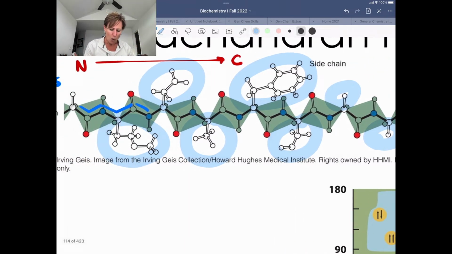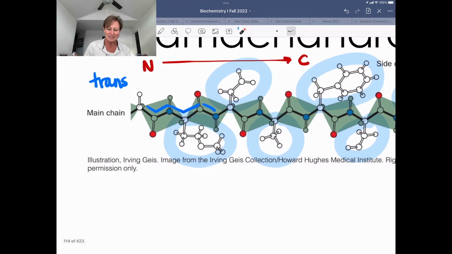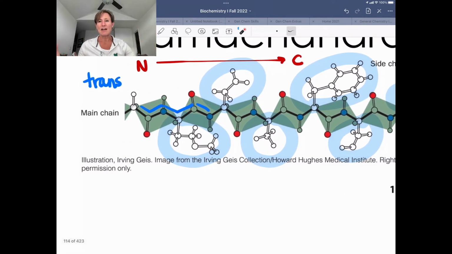And so even though all of these bonds can be rotated about, we're going to tend to see this trans conformation. Even though I used configuration, we're going to see this shape because it gives everybody the most room. So big picture here, when we talk about structure formation, it's a balance of energetics and sterics. And we're going to get to that on this slide.